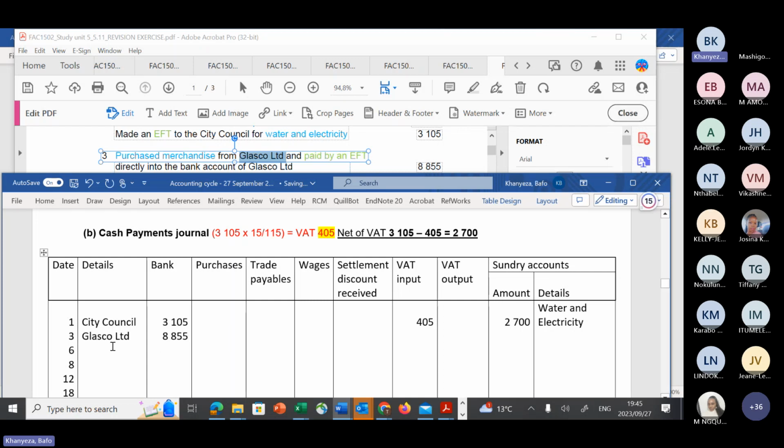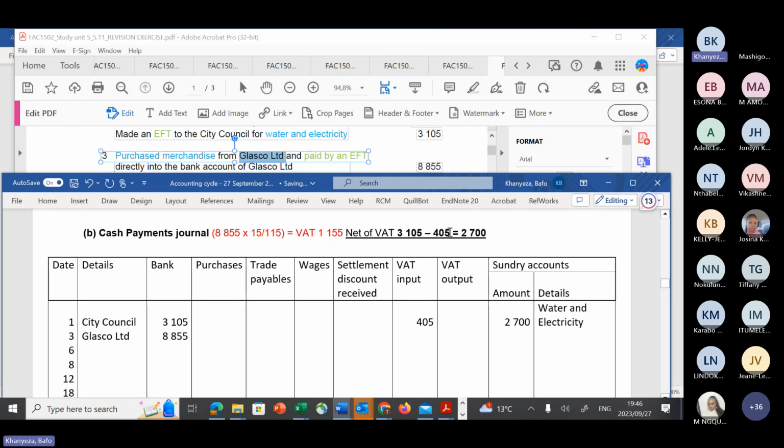So just so that you can move fast, I'll just replace the amount here with 885. Then how much is the VAT for it? For the same calculation, VAT for it is going to be 1155.